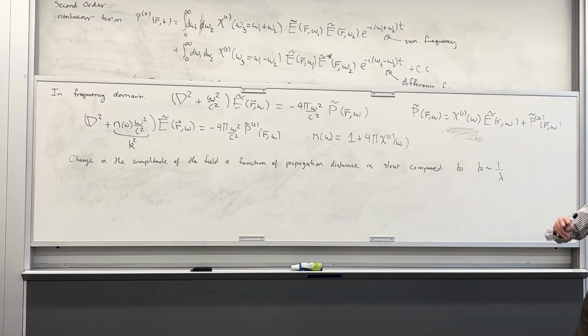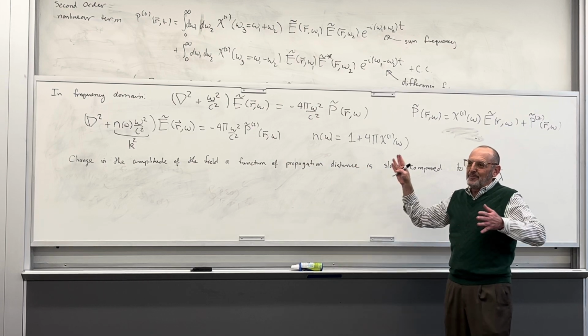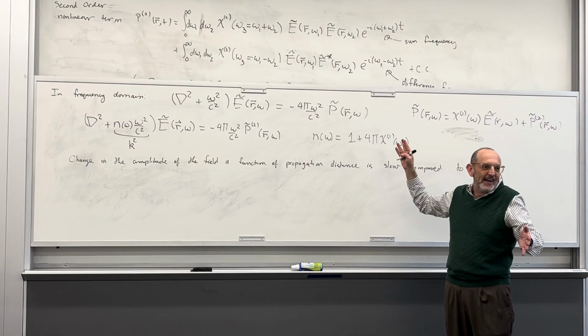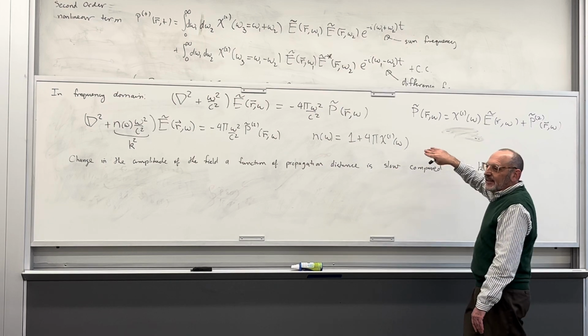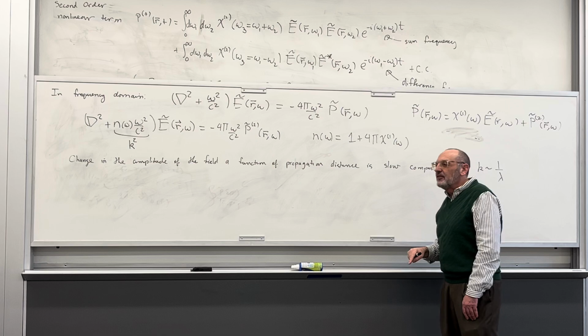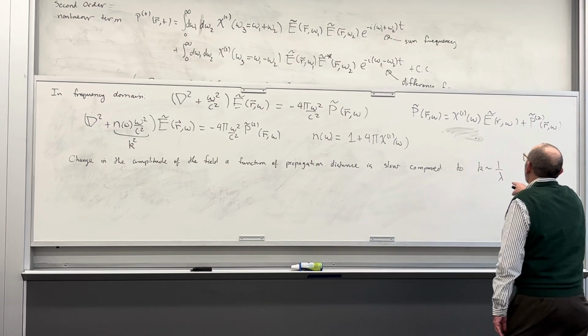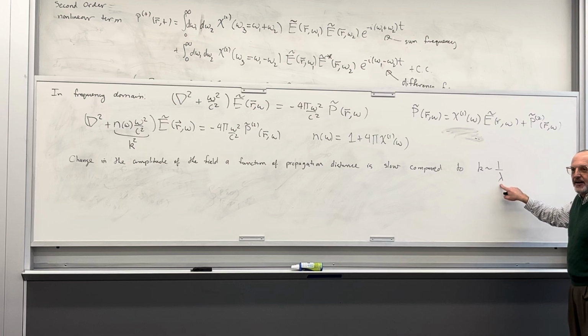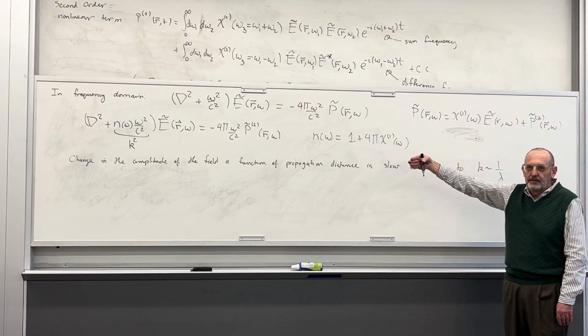That is to say that if this is a weak process, the amplitude is growing over distances slowly compared to the wavelength, which is a much faster scale, okay? That's just, again, about this being a weak process.